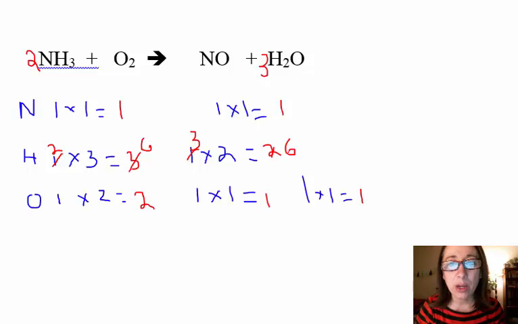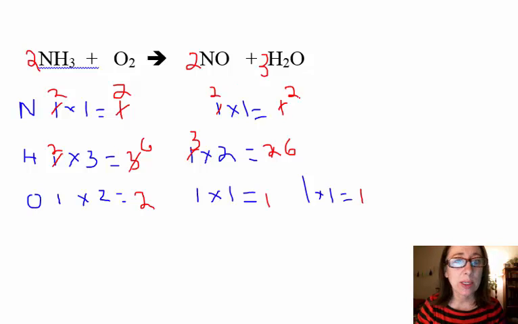So that balances my hydrogen. However, when I place that coefficient in front of the ammonia, that also changed the number of nitrogens I had. So let's look at that. I now have 2 nitrogens on my reactant side. So I want to have 2 nitrogens on my product side. So I'll put a coefficient of 2 in front of that nitrogen monoxide. So now my nitrogens and hydrogens are balanced.